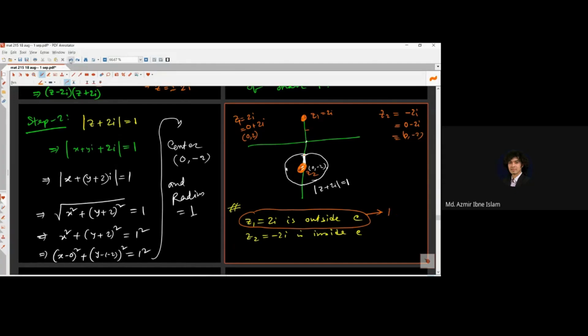That means we are ignoring this, and we have to just find this. Since we have only one pole inside, we can just mention this is R1. Clear? So we are mentioning that for the pole that is inside, its residue will be R1.